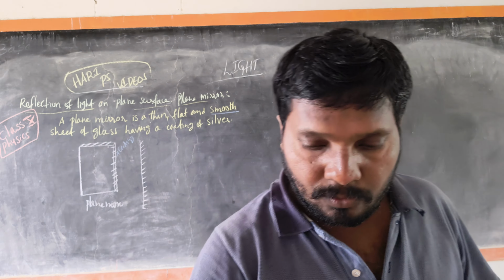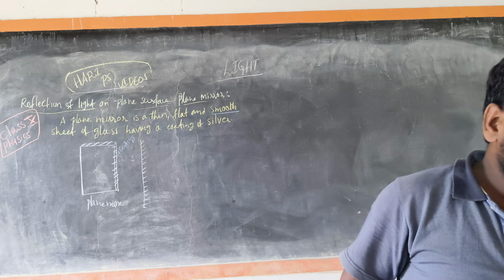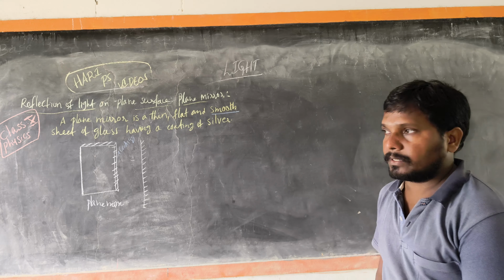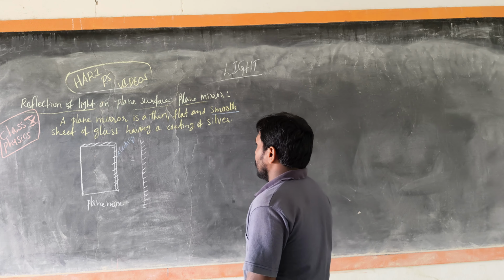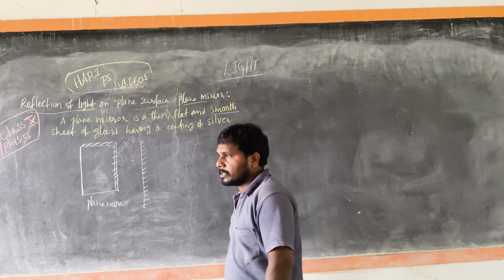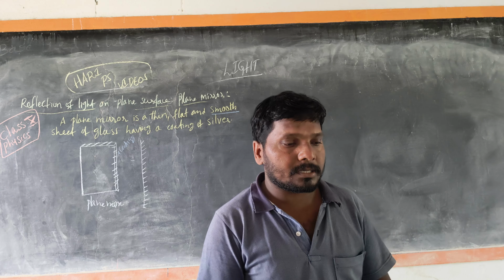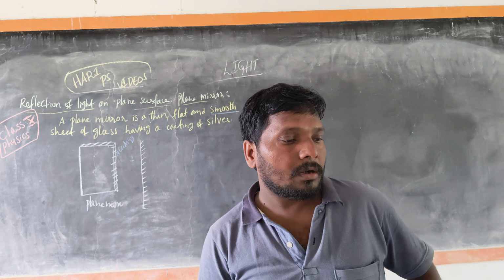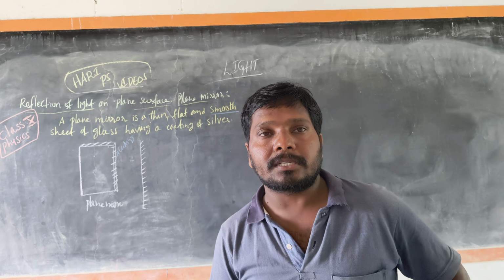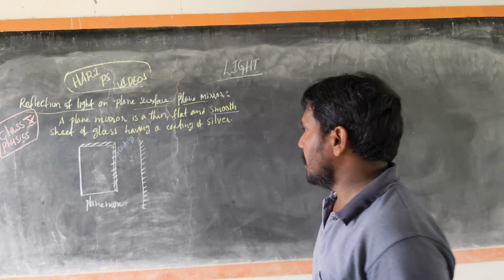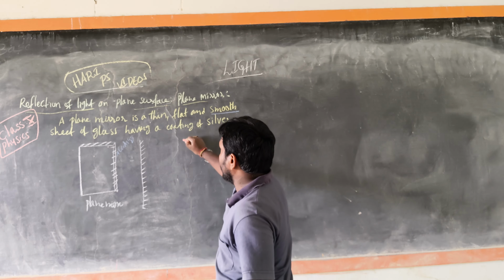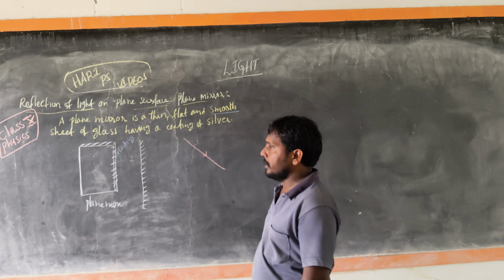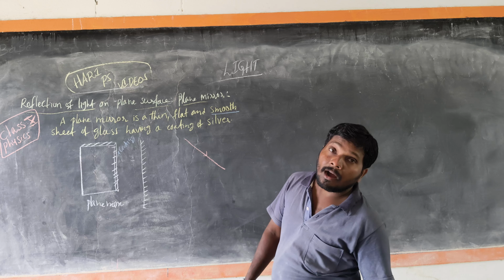Here are some points we have to remember. A ray of light is a straight line along which light travels. Light ray means the straight line along which light travels. This line represents a ray of light.